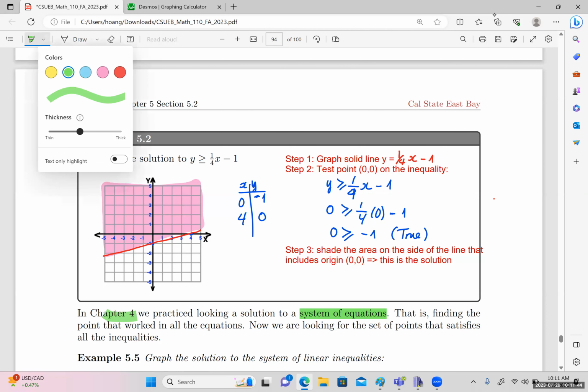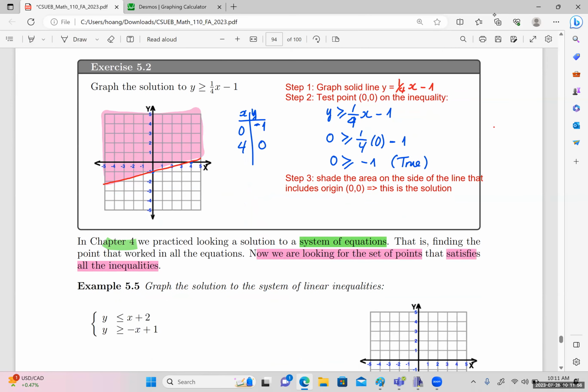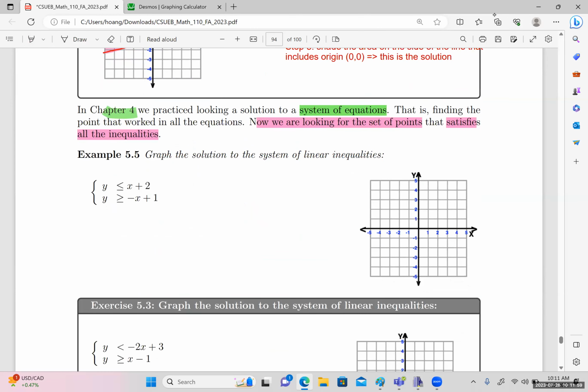So now in chapter 5, we're looking for the set of the points that satisfy all the inequalities. Okay, so we have a system of linear inequalities down here. Okay, so we will do similarly with the one above.